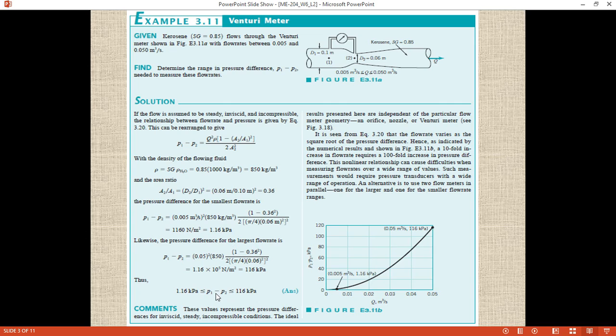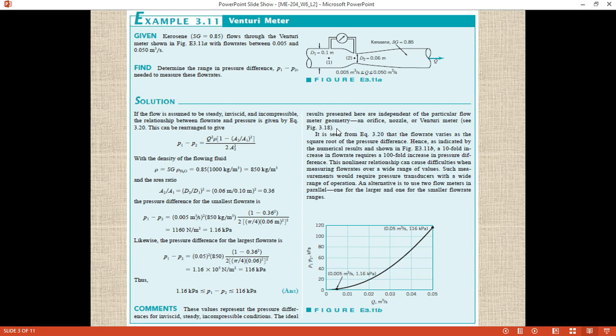So here we can read out the comments a little bit and we will see what is the outcome of doing this exercise. These values represent the pressure difference for inviscid, steady, incompressible conditions. The ideal results represented here are independent of the particular flow meter geometry, an orifice, nozzle or venturi meter.